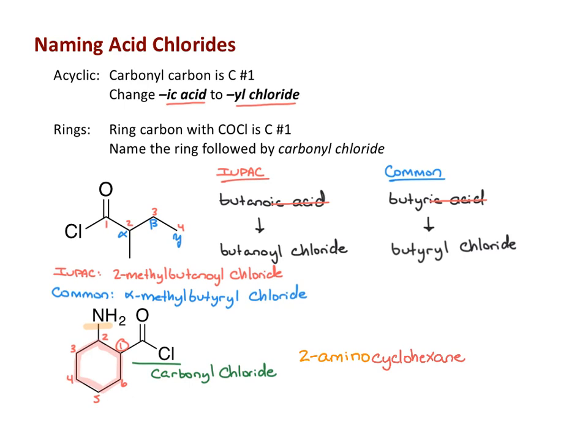So we write cyclohexane, and then to say that the carbonyl chloride is attached, you add that to the end of the name. It is acceptable to put a 1 in front of the carbonyl chloride to specify that that group is at carbon 1, but it's not necessary since, based on the naming rules, it's going to already be at carbon 1.